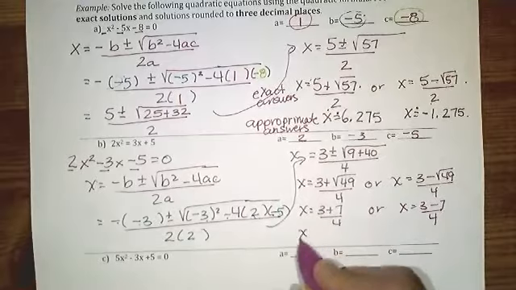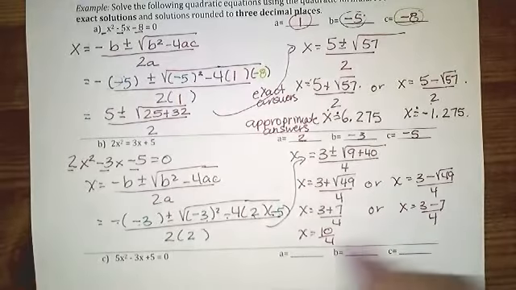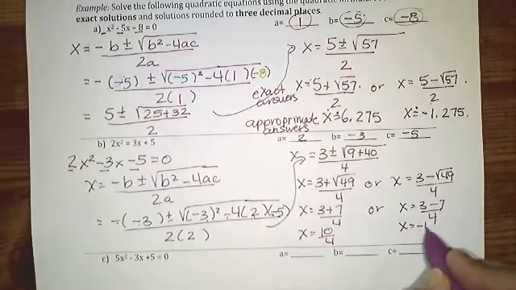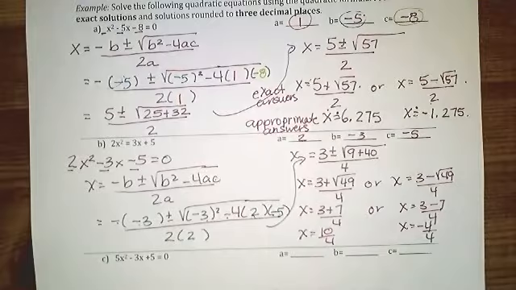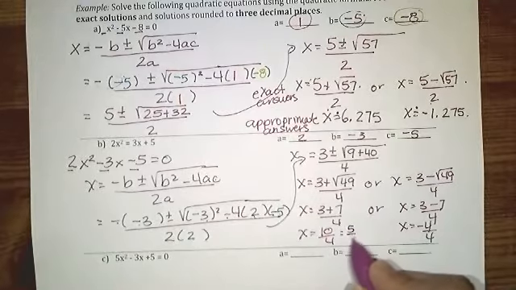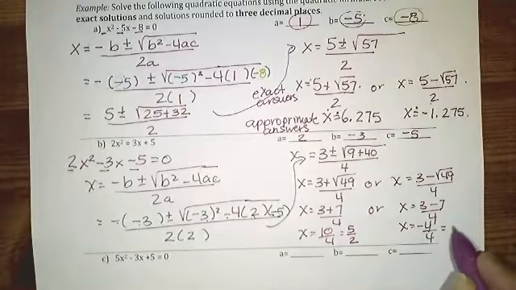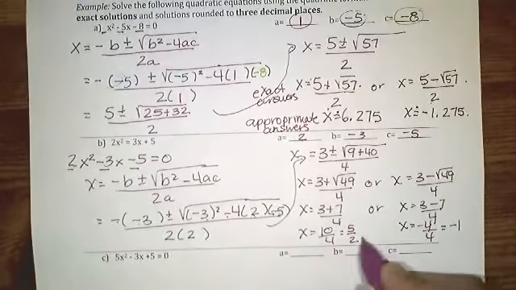And then we can simplify the numerator here on both sides. And we could simplify this fraction because we know we can divide it by 2, and we can simplify this to negative 1. So these are the exact answers.